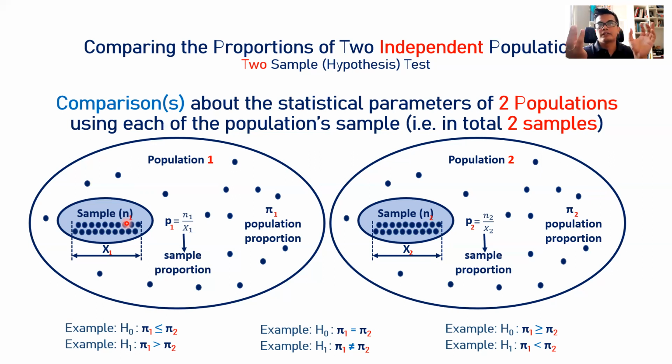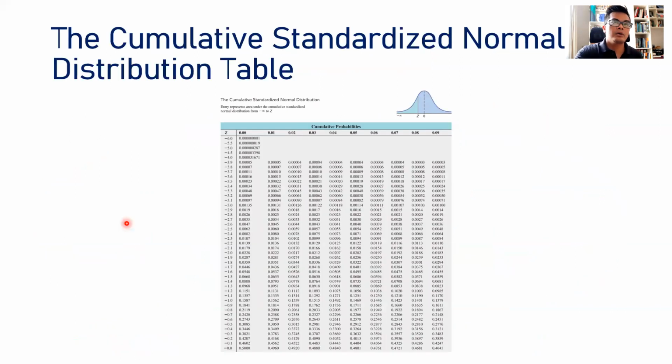If the values inferred from the samples are close to the stated hypothesis concerning the comparison of the two populations, then we accept the hypothesis. If not, then we reject. Similar to the previous hypothesis test philosophy.